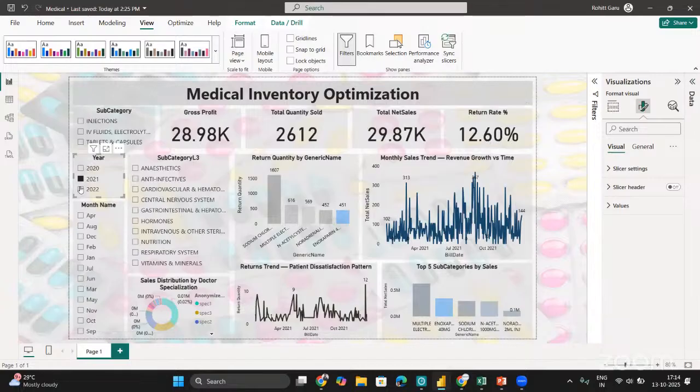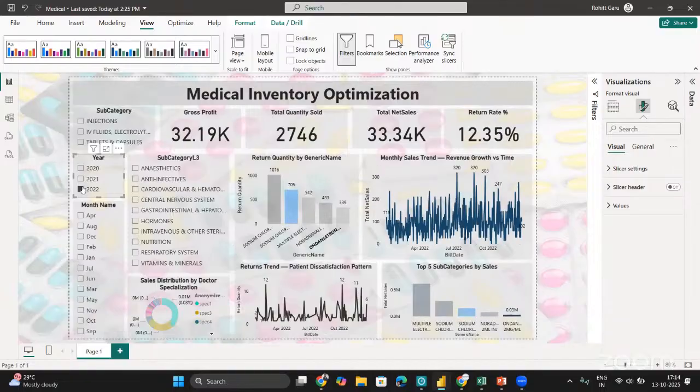Like that, in 2022, the gross profit is increasing, 32,190,000, and total quantity sold is 2,746. Total net sales is 33,340, and return rate is 12.35%.